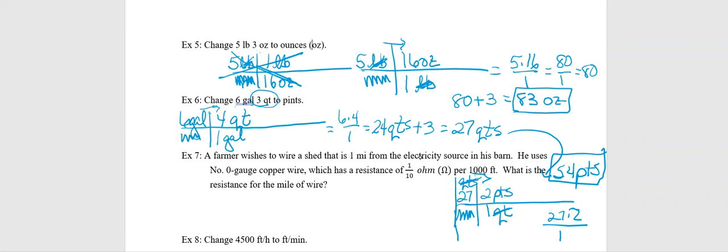So I have to know how many ohms are there in a mile of wire. Well, a mile compared to feet. So we got to convert this. So we got to figure out how many feet are in a mile. So I have 1 mile.